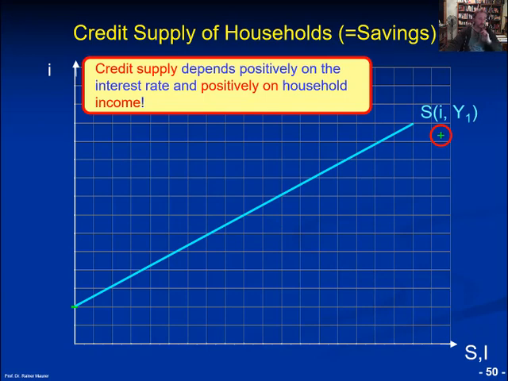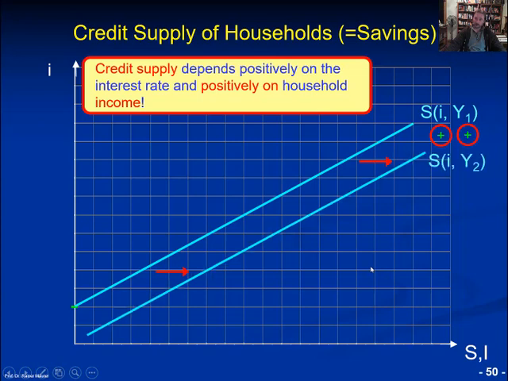By the same logic, if we transfer these considerations to the capital market diagram with the interest rate on the y-axis and savings or credit demand on the x-axis, we have to shift the savings curve to the right if income grows.